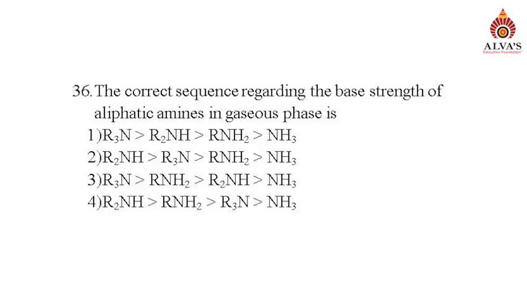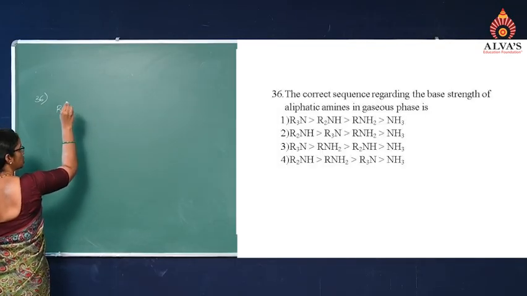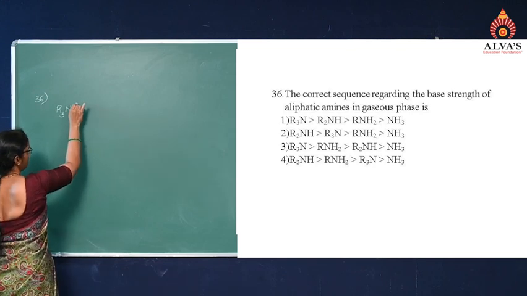Question number 36. The correct sequence regarding the basic strength of aliphatic amines in gaseous phase. Now always remember that strength of alkyl or aliphatic amines in gaseous phase is determined by only positive inductive effect. More is the number of alkyl groups, greater will be the basic character. As a result, tertiary amines will be the strongest bases in gaseous phase.